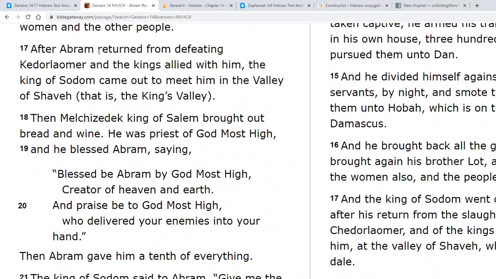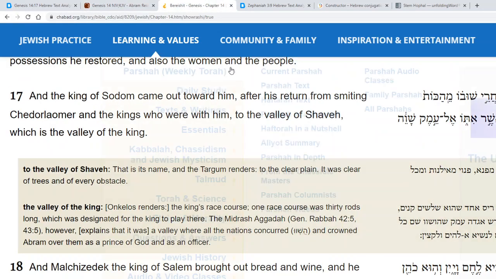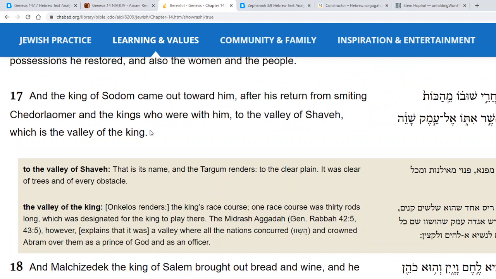Okay. And Abram returned from defeating Kedar Laomer, and the kings allied with him. The king of Sodom came out to meet him in the valley of Shaveh, that is the king's valley. And they're rearranging that so that it's easier to read. Not that I disagree, but it is rearranged.